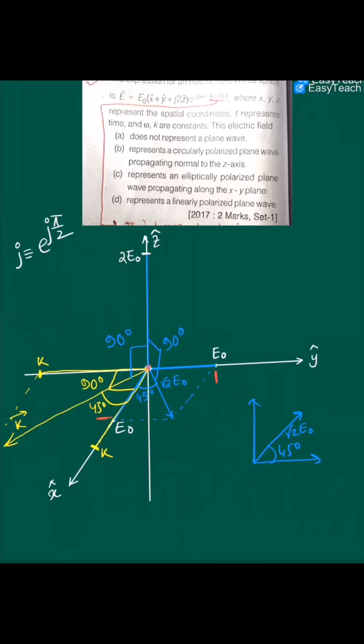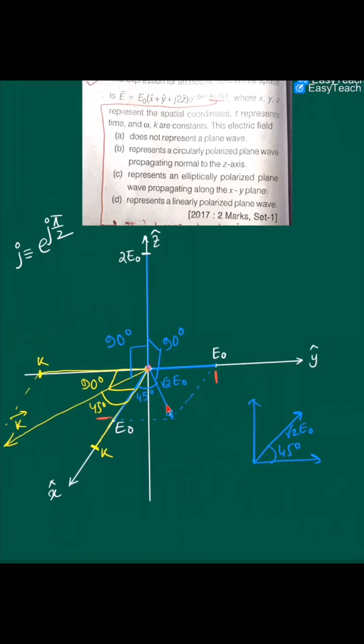I have already told you that the phase difference between x and z component is 90 degree and y and z component is also 90 degree because of this particular j in the expression. Okay, that means when x and y are maximum, in that case z is minimum, and when x and y are minimum, in that case z is maximum.